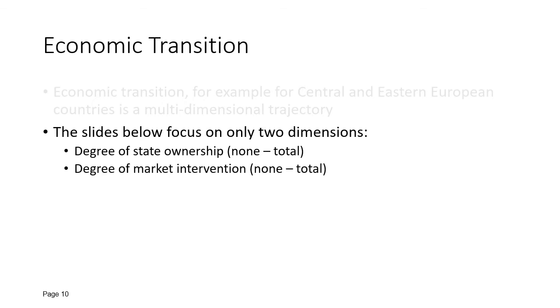The first is state ownership, and the second is market intervention. When we're dealing with state ownership, we're dealing with government-owned and private-owned, or a combination of the two. And then the second idea is market intervention. What is government doing? Are they interacting in the market, or are they not participating in the market at all?